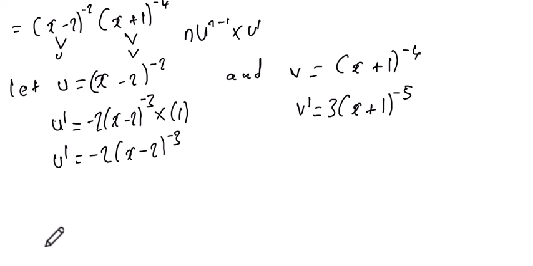So negative 4 minus 1 is negative 5, multiplied by what we get when we differentiate what is inside, which is just 1. So therefore, our v prime is just going to be negative 4 times x plus 1 to the power negative 5. Okay, so let's hope you are following.